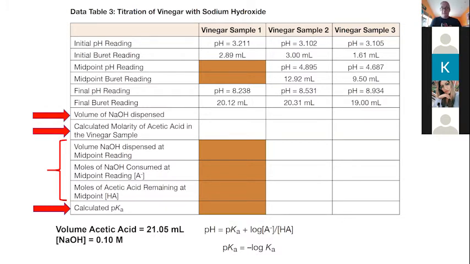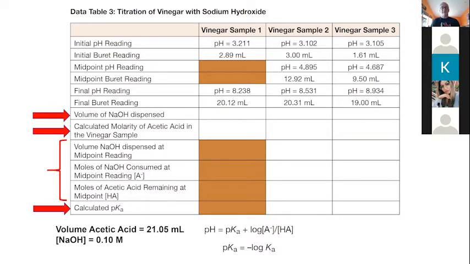Any other questions? Is there a reason that those boxes are orange? I think it's because there's no midpoint pH or burette readings there, so you can't calculate pKa from those because you don't know what the pH was at the midway point, and you need to know that.